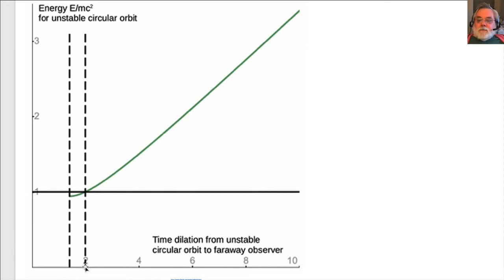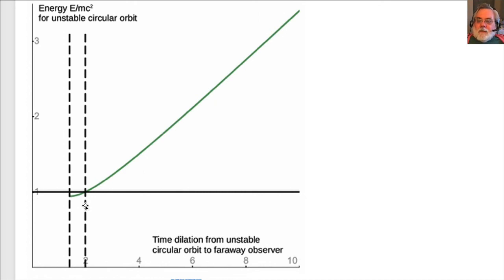At twice the Schwarzschild radius, which has an angular momentum value of 1.155 Lmin, there's an unstable orbit with a time dilation factor of 2 here that does not require an energy boost or a reduction from the faraway rest mass energy. The energy value is 1.